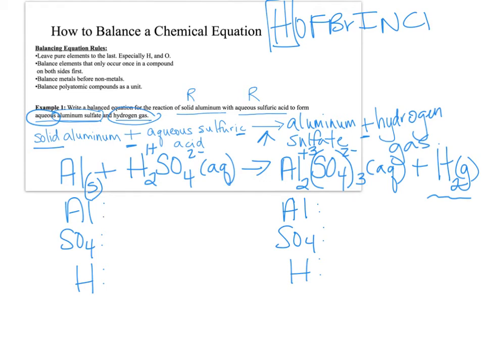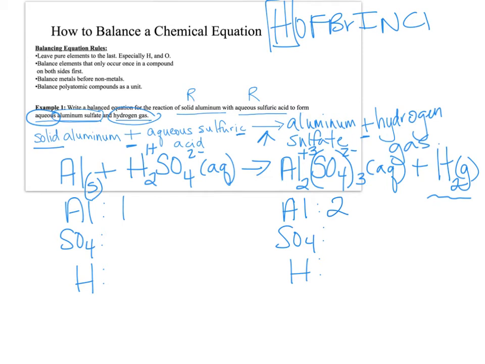So looking at aluminum, on the left side of my reactants, I have my aluminum here. There's no subscript, but I know that to be 1. And then on my other side, I have aluminum here, and there are 2 as my subscript. So 1 atom to start with of aluminum creates 2 at the end.